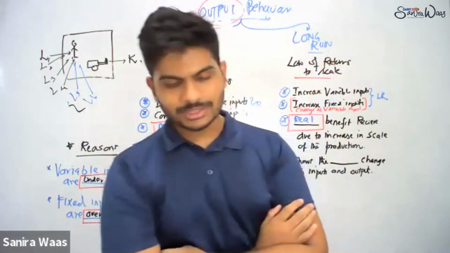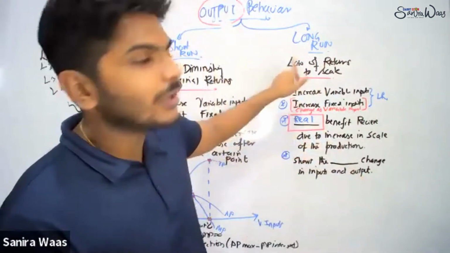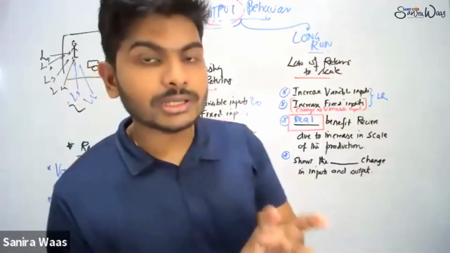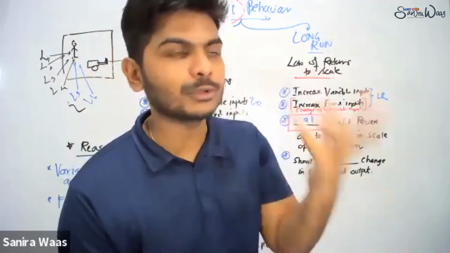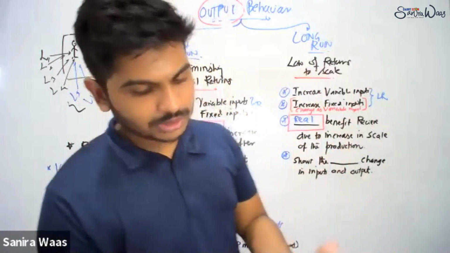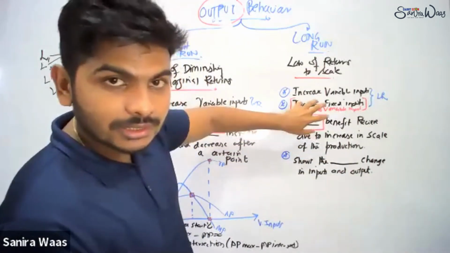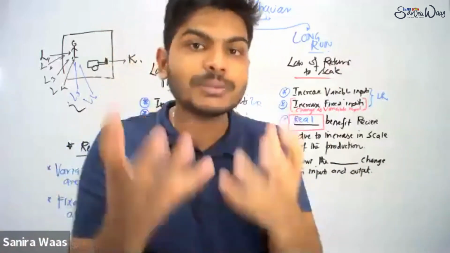Good. If it is financial benefit, it is the law of economies of scale. Economies of scale, right? It's also a law. Economies of scale is a law. So if we put it as a financial benefit, it is cost reduction, cost benefit.